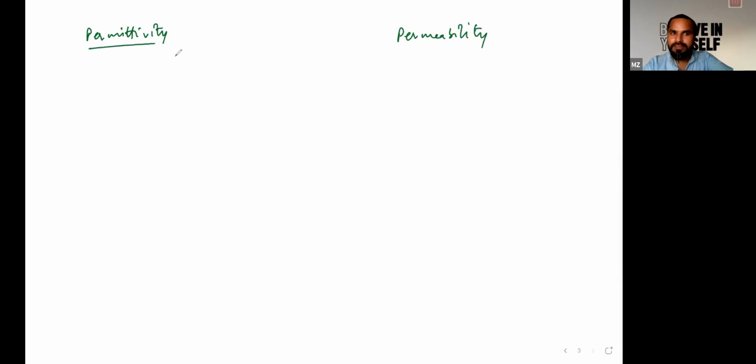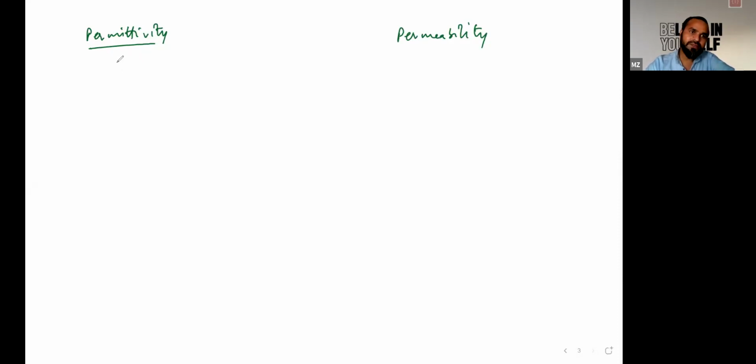Permittivity is defined with the word permit. Permit means allowance tendency of a particular medium. Means the tendency of a medium which allows or restricts the electrical interaction between any two point charges is defined by this particular word, which is called permittivity.